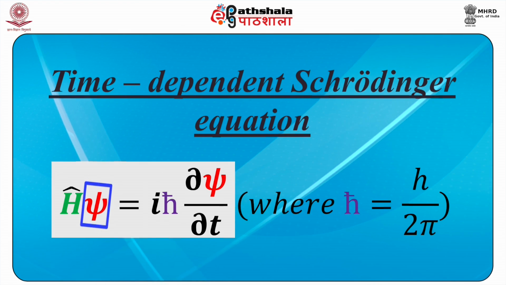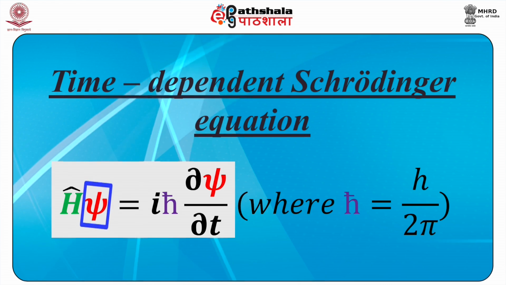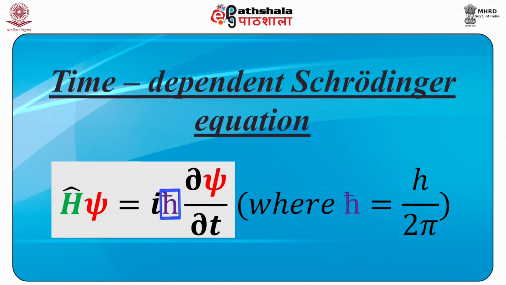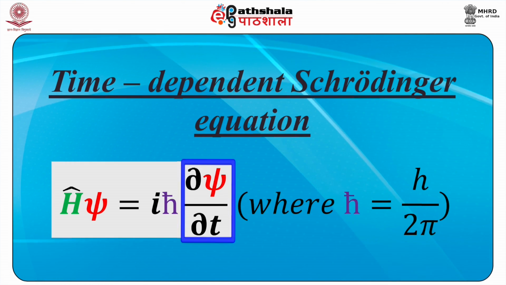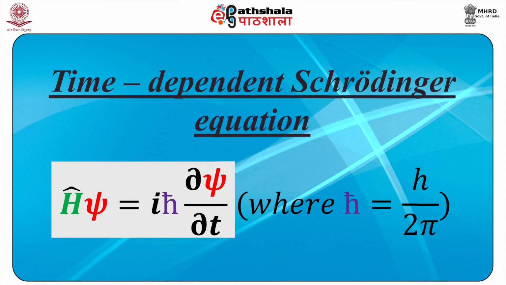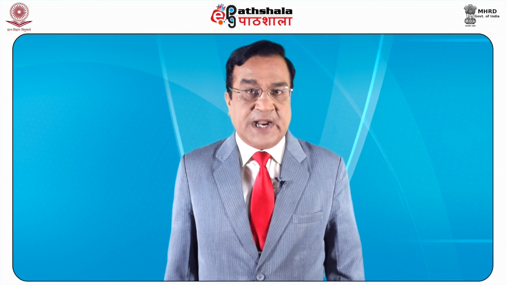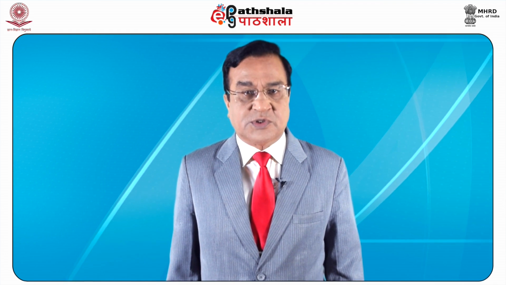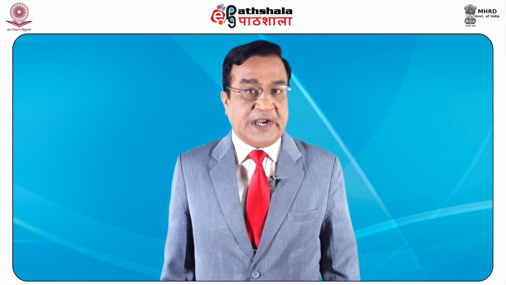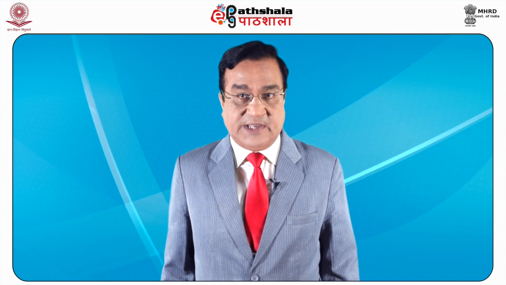Psi is the wave function which defines the state of the system. And on the right hand side we have iota ħ, where ħ is h upon 2 pi, and then ∂ψ/∂t. This is the time dependent Schrödinger equation. But please remember that this equation is used only for non-conservative systems, that means those systems where energy changes with time.